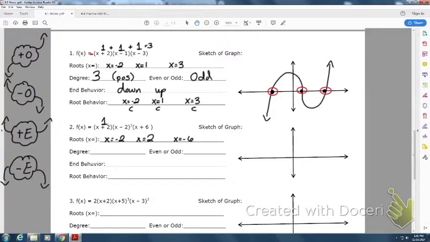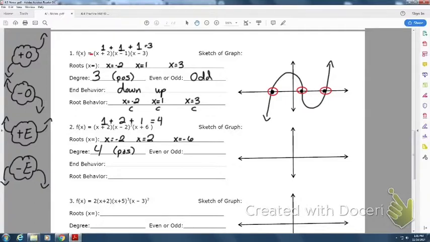Sam, what is the degree of the second factor? 2. Max, what is the degree of the third factor? 1. So, Garrett Carter, what is the degree of the whole function? 4. So it's 4. It is a positive function. Okay.